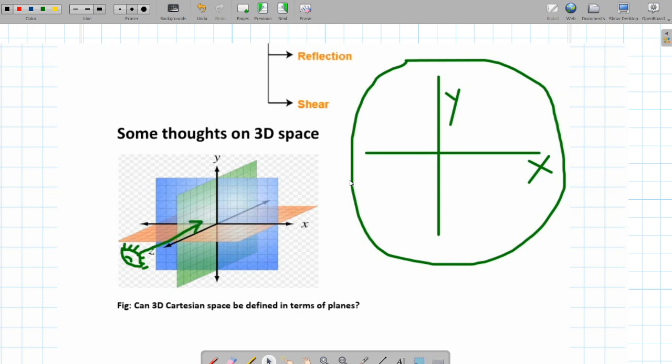Now come back to our previous discussion. If you look at this green rectangle, it can be defined in terms of the vertical y-axis and the z-axis, which is pointing towards the viewer.